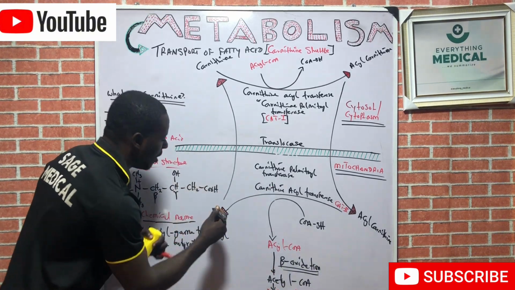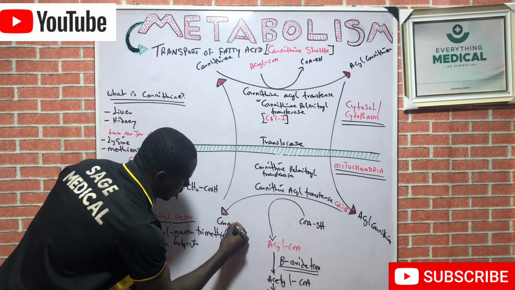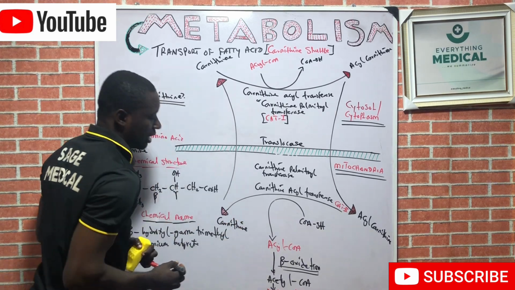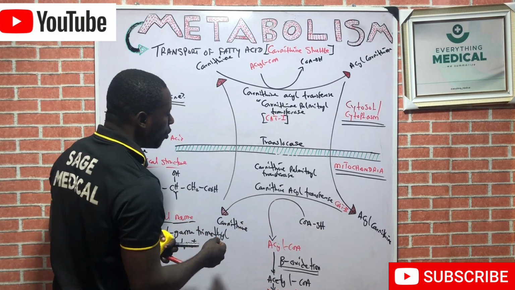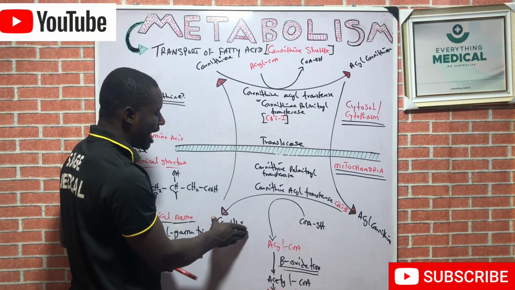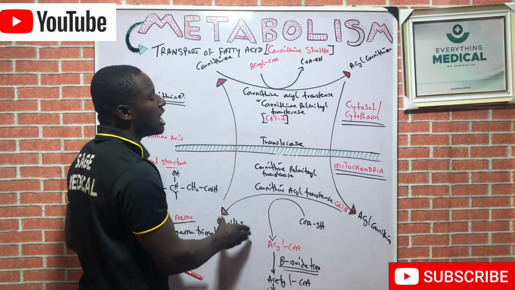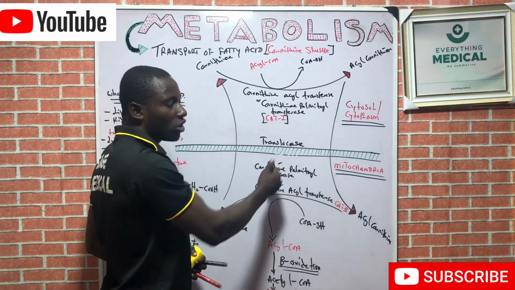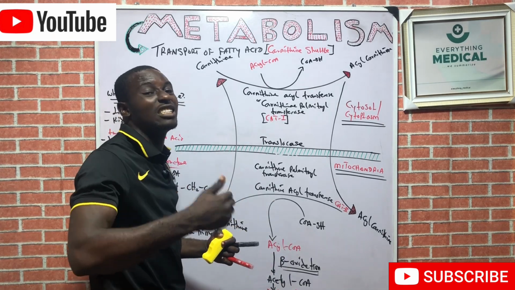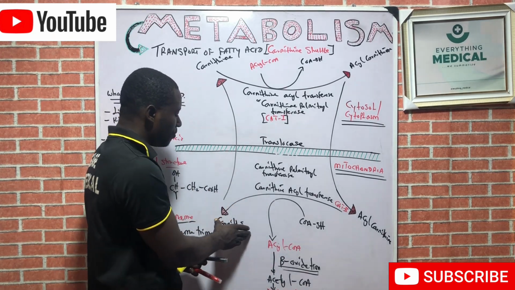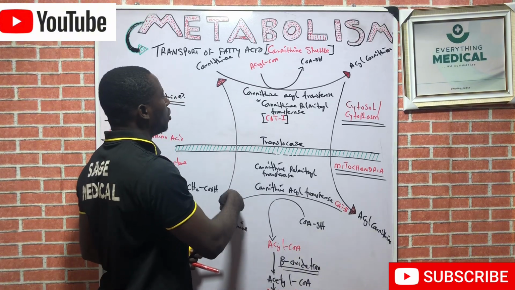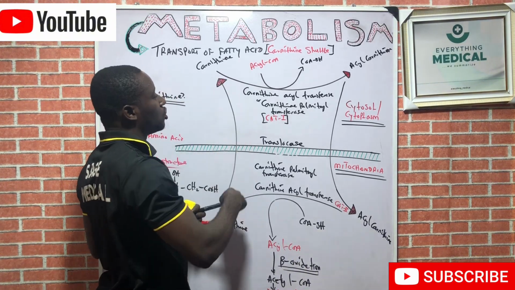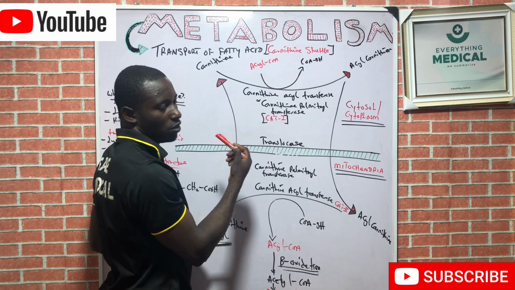So here we have our carnitine. Now, once carnitine has been formed in this place, a membrane carnitine exchange transporter known as translocase or carnitine acylcarnitine translocase will transport the carnitine from the mitochondria back to the cytosol. So it goes in a cycle.